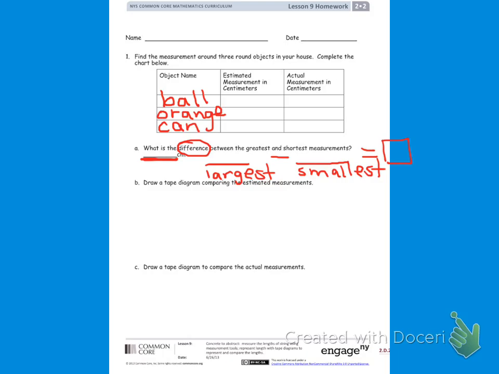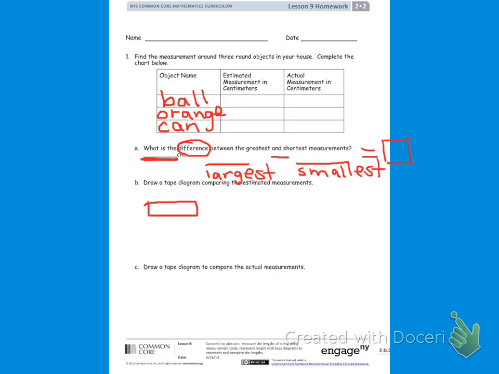Now we're going to take a tape diagram comparing the estimated measurements. A tape diagram simply is a diagram that shows a number value and compares them. So, for instance, if I was using a ping pong ball, my tape diagram might look like this.